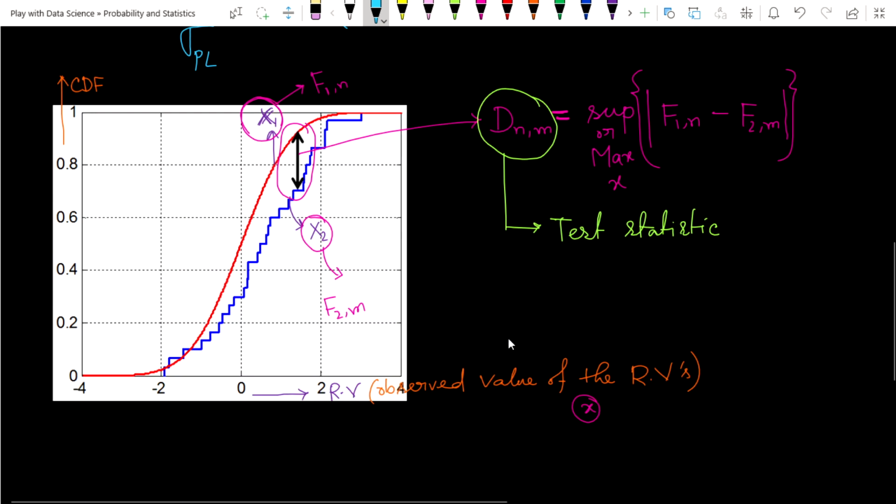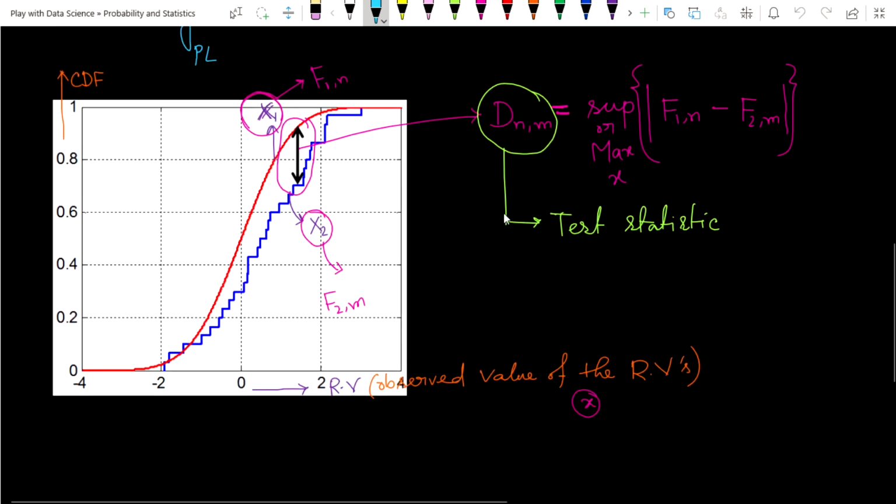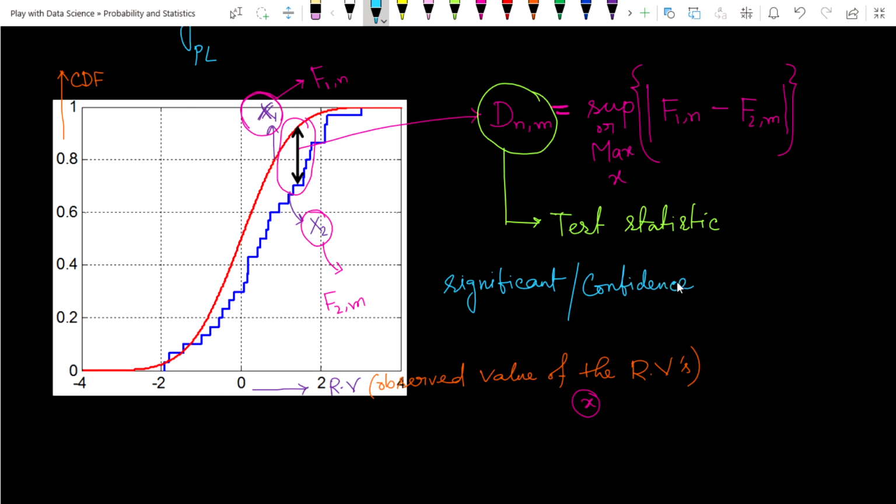Simple. First we have to know how much significance level, that is, how much confidence, we are interested in. Suppose we are interested in the significance level, or in another language the confidence level, up to alpha.